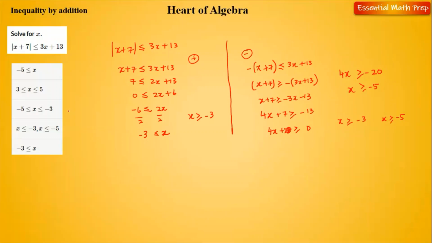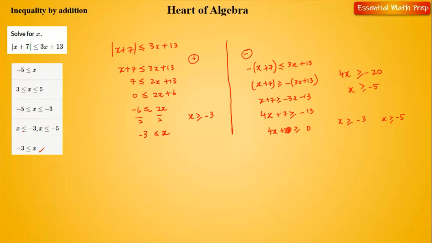Okay. Let's go through the choices. x greater than or equal to negative 3, right? This is possible. And on the fly, when you're trying to do these problems, you might get carried away because of the directionality of the symbol. But this is incorrect. This is opposite.